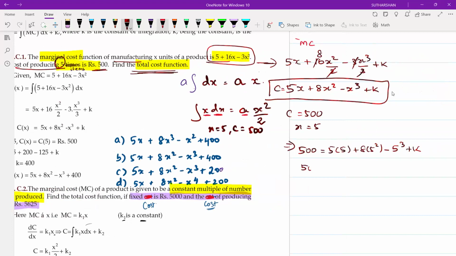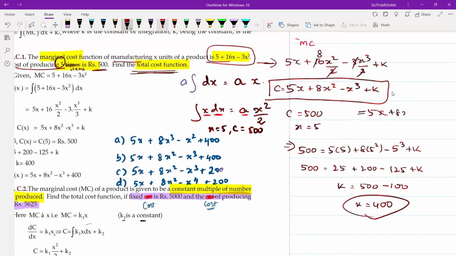If I take the total value, it will become 25, then 25 into 8 will become 200, then 5 cube will become 125, plus k. Then k will become 500 minus 100. k will become 400. Then from that, substituting in the equation, 5x plus 8x square minus x cube plus 400 is my option.